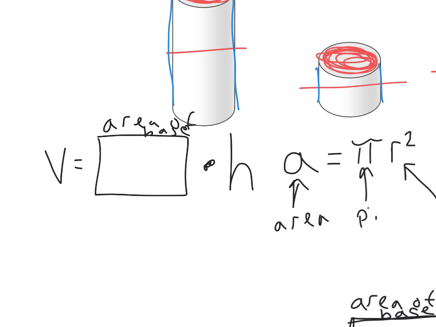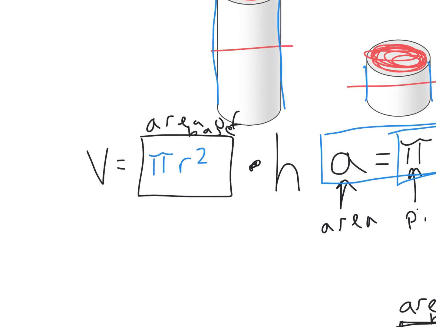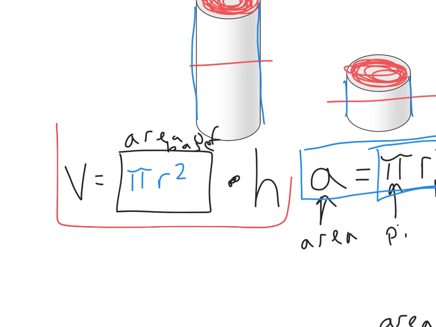And so our formula here, area equals pi r squared, we're going to take this pi r squared and plug it in front of the height. So pi r squared times the height. So the volume of a cylinder is equal to pi r squared times height, or the area of the base times the height of the prism.